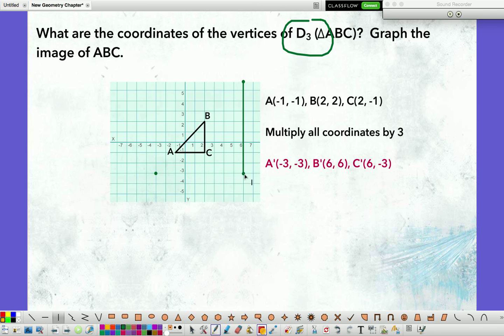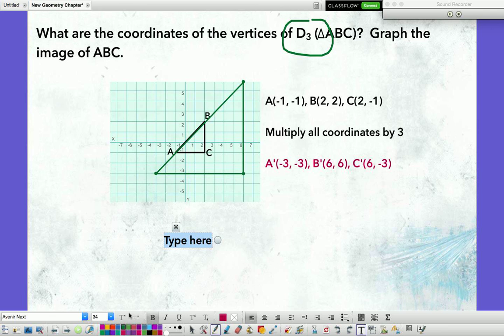So I've got that, that. Okay, let's label this A prime, B prime, C prime.